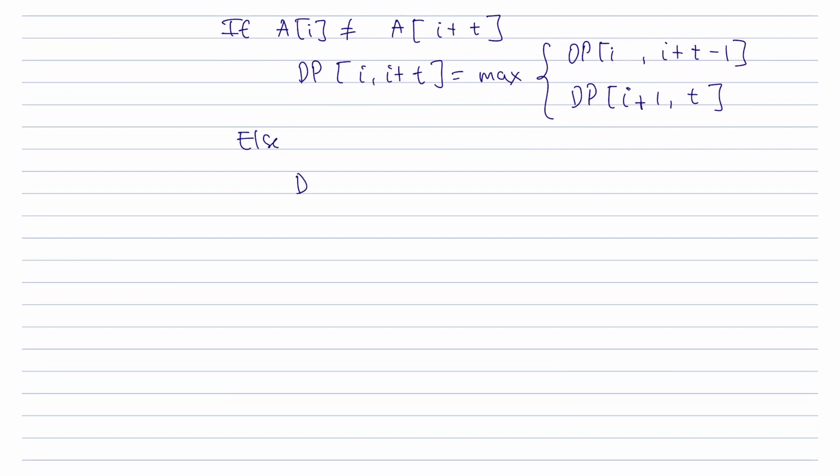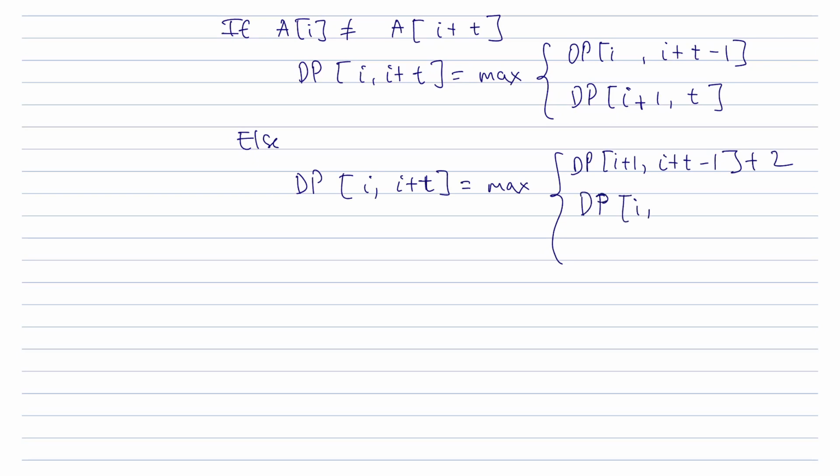Otherwise, dp[i][i+t] is the largest among dp[i+1][i+t-1] plus 2, or dp[i][i+t-1], or dp[i+1][i+t]. Right.